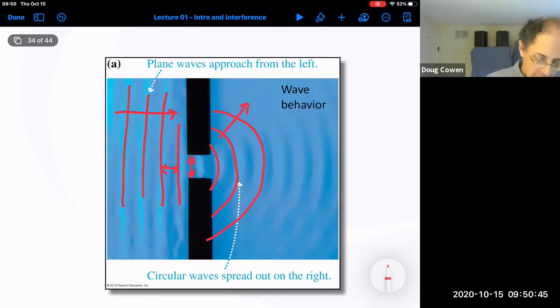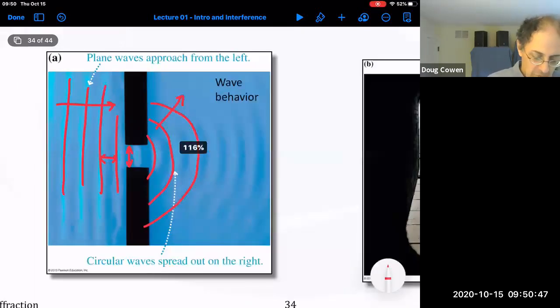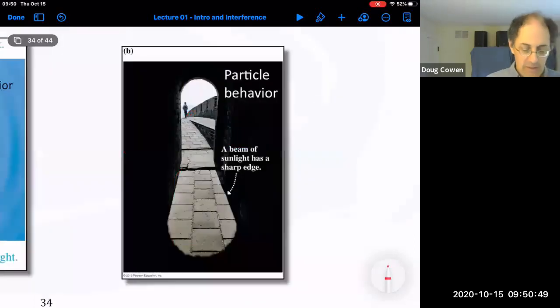By contrast, this figure over here shows light behaving like a particle. The previous picture was water behaving like a wave, not surprising. And here, it's also not surprising that light behaves like a particle, because the wavelength of light is on the order of a nanometer, or 100 nanometers or something, and this opening here is obviously about 1 meter.